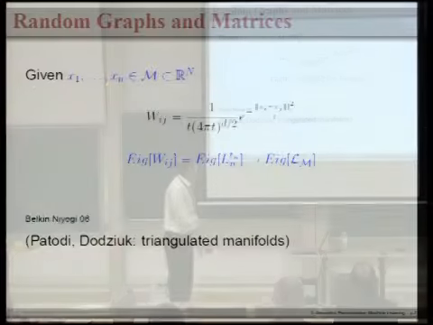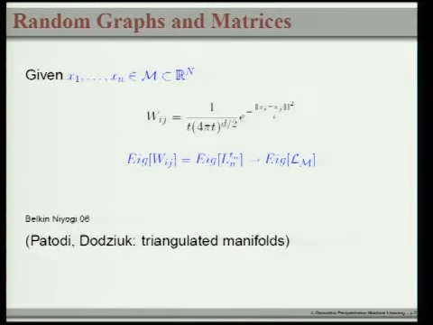Okay? So here is the basic key result that we were able to show very recently, and that is this: consider a compact submanifold of Rn, sample it uniformly to get a bunch of points. Now consider the matrix W, which looks like that, where D is the dimension of the manifold.